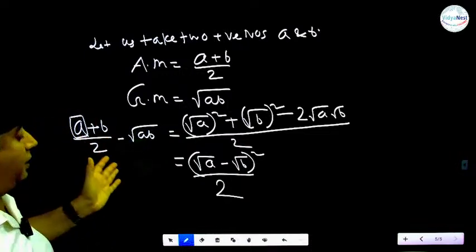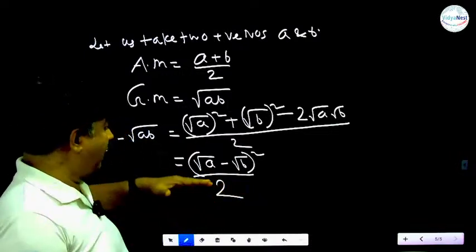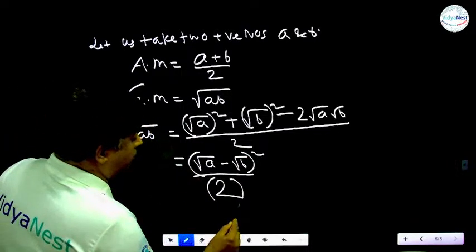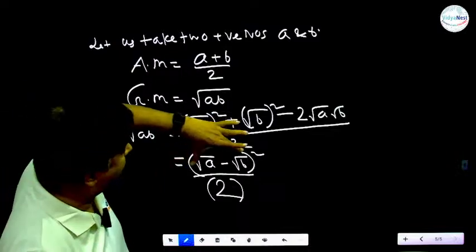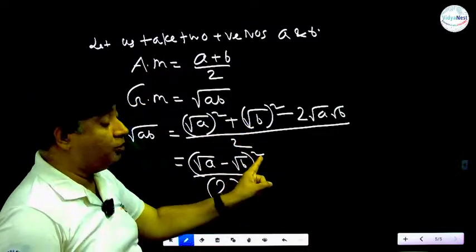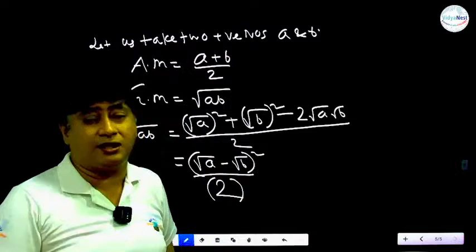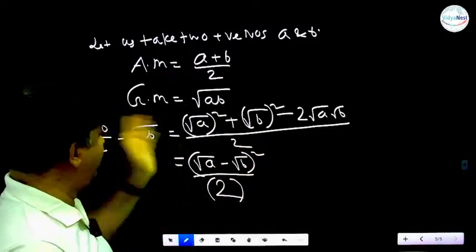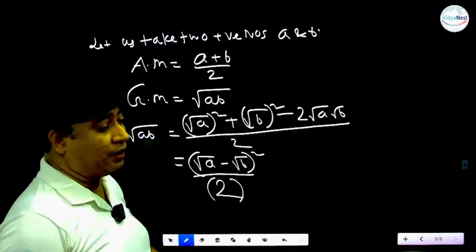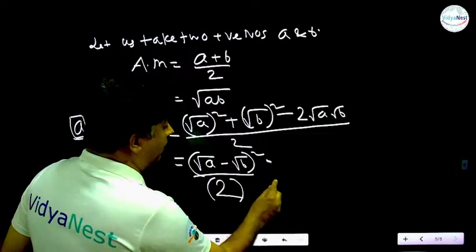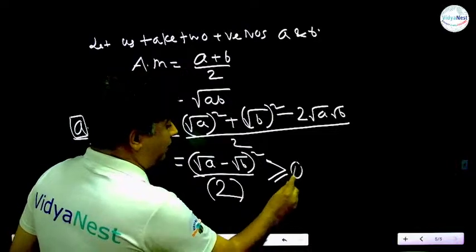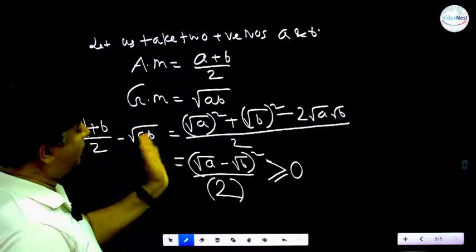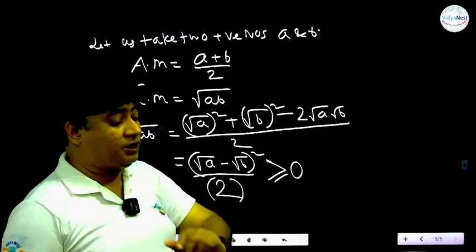Now the question is, can it be negative? No. Why? Because the denominator 2 is positive and the numerator has power 2, a whole square. ऐसा कोई रियल नंबर नहीं है जिसके लिए होल स्क्वायर नेगेटिव होगा. तब क्या होगा? ये इक्वल टू 0 हो सकता है. कब हो सकता है? अगर ए और बी इक्वल हो जाए तब इक्वल टू 0, otherwise always positive.